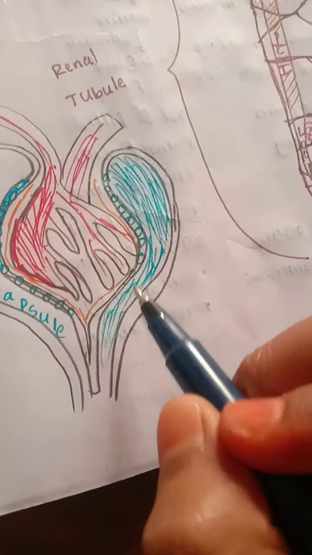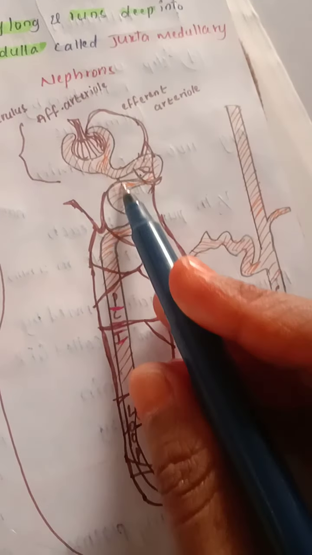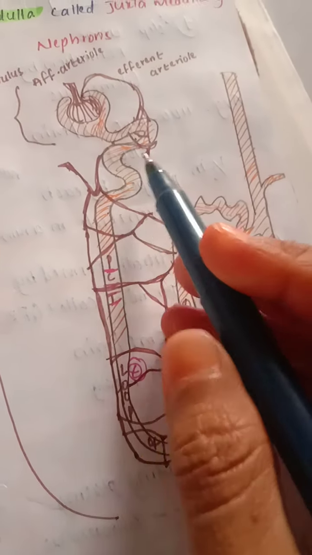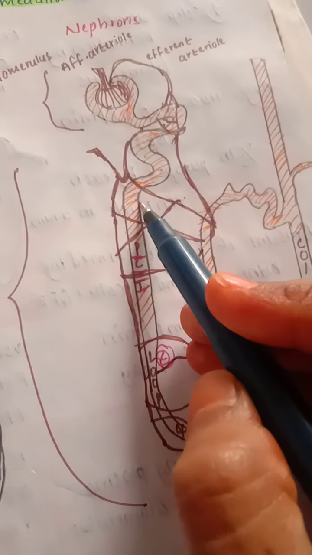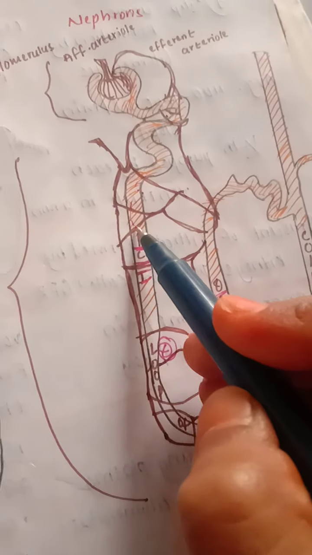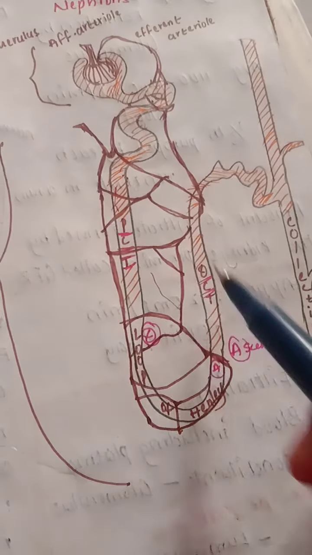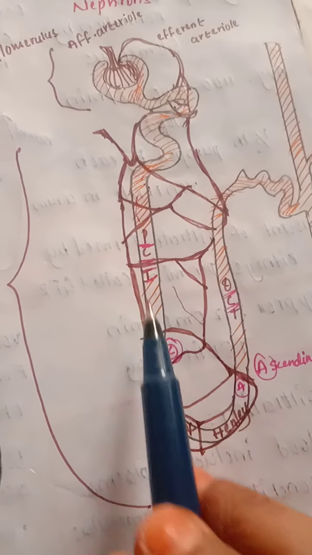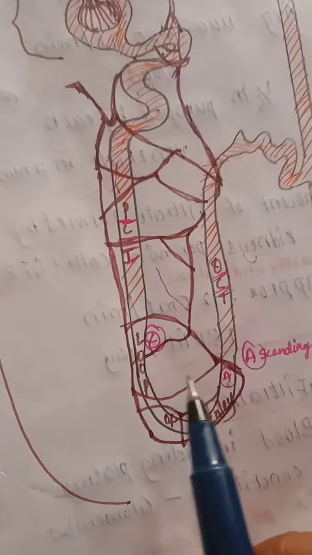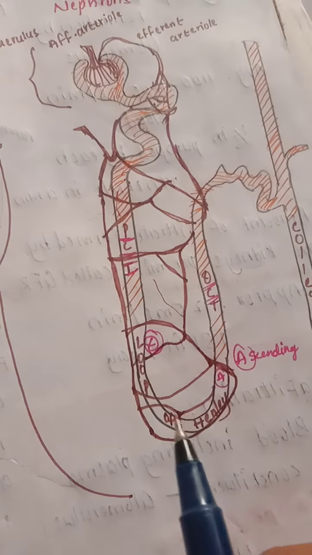It continues further as a highly coiled network called the PCT, and this PCT continues as a U-shaped structure. This is called Henle's loop, a U-shaped or hairpin-shaped structure.